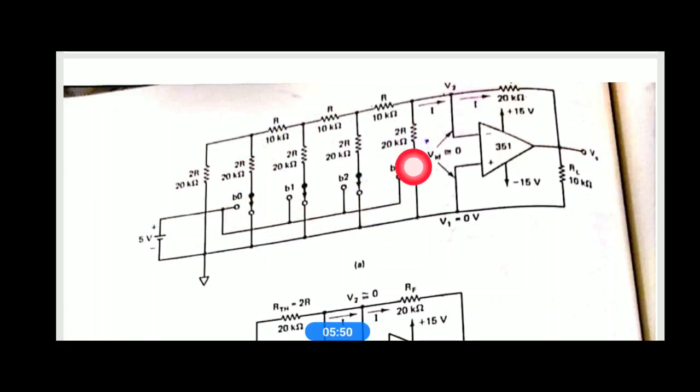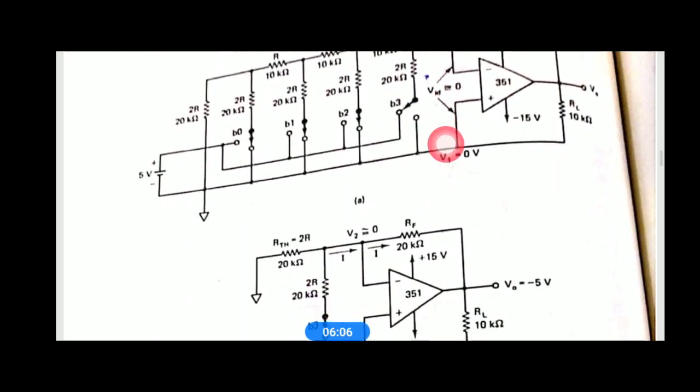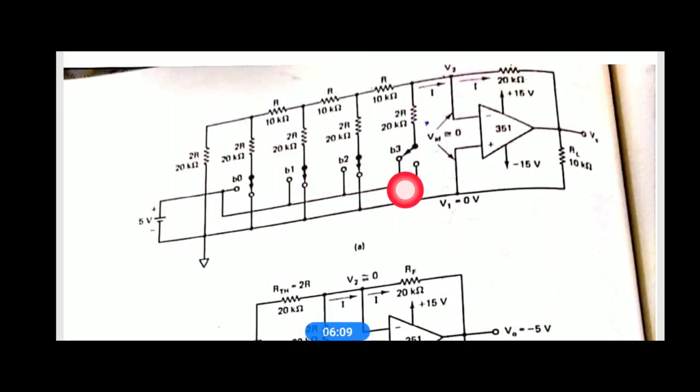Here the values for R and 2R are already taken, that is R is 10 kilo ohm, 2R is 20 kilo ohm, and RF is also 20 kilo ohm, hence there is no gain here, the gain is 1. So if you analyze this circuit, suppose you are applying B3 as a 1, and B0, B1, B2 are kept 0, 0 and 0, that is we are giving digital input 1, 0, 0, 0.